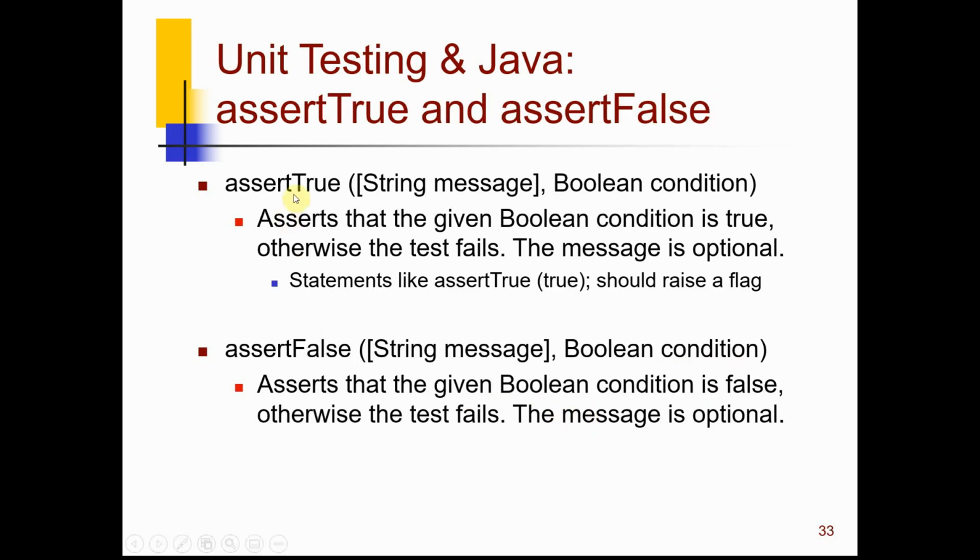Assert true is to assert a Boolean condition, for example, like an if statement. So whatever Boolean state or condition, if it's true, then assert true passes. If it's false, then it fails. Assert false is to assert this condition false.